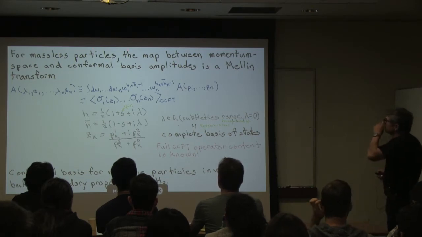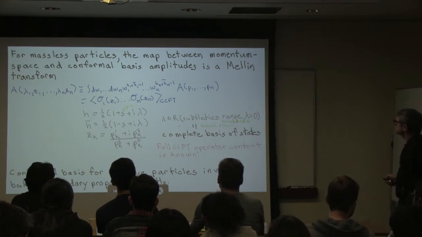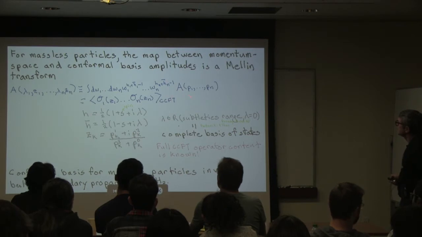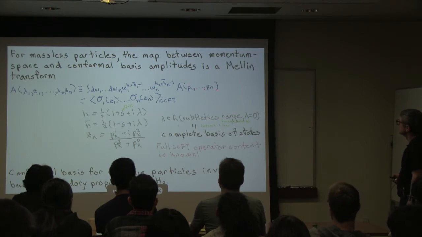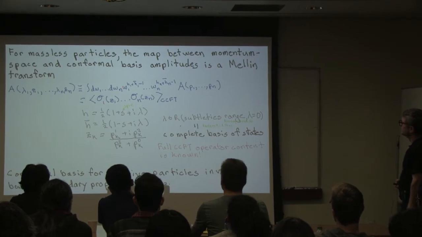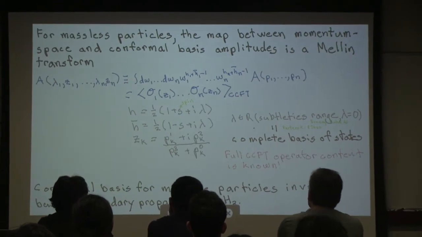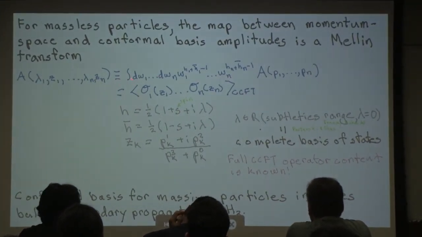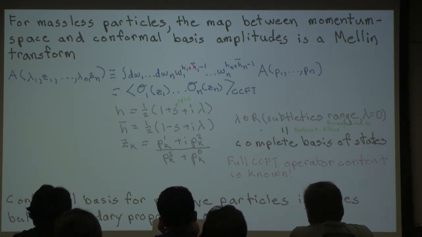Okay. So let me now give some more details of how we construct these amplitudes. Suppose we start with some amplitude in momentum space, labeled by momenta P1 through Pn. To get the celestial amplitude, you simply do a Mellin transform over the frequencies of the n particles, weighted by their h plus h bar.